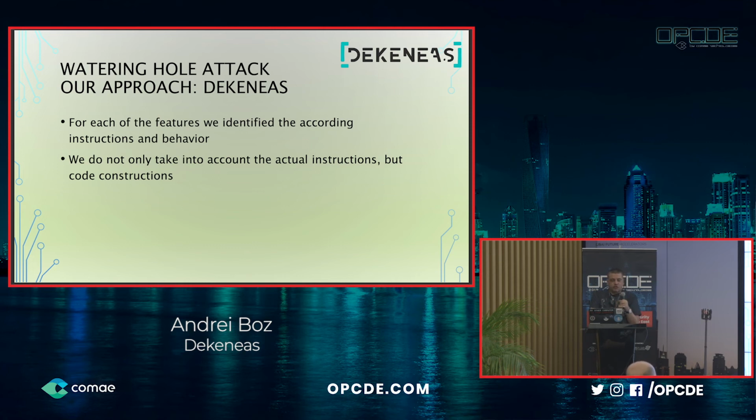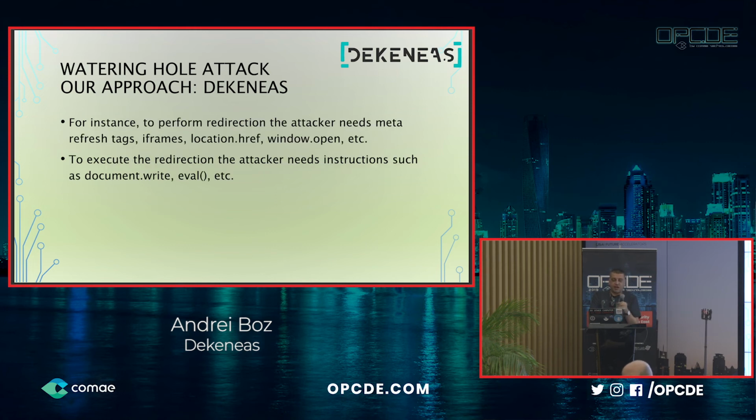For instance, to perform redirection, the attacker needs either meta refresh tags, iframes, location href, window open, etc. To execute the redirection, the attacker needs instructions such as document write, eval, etc.